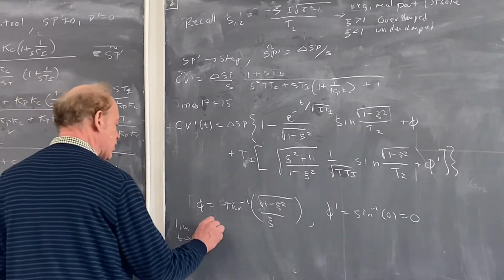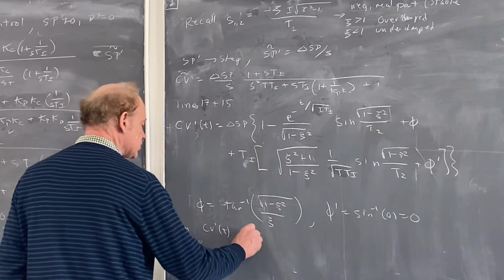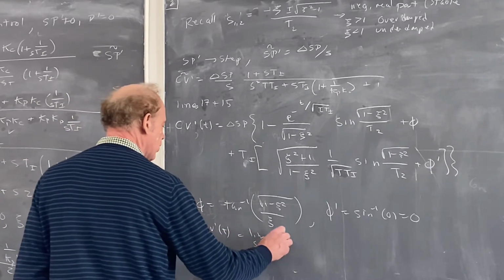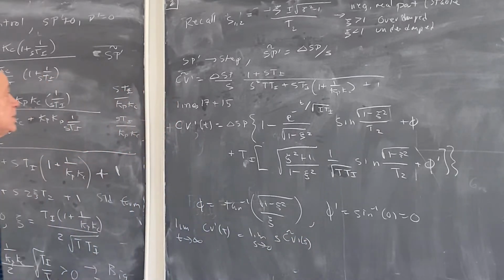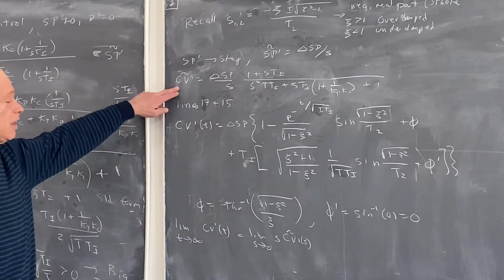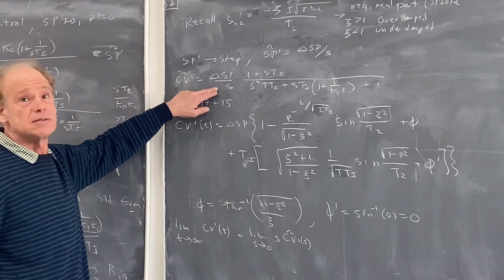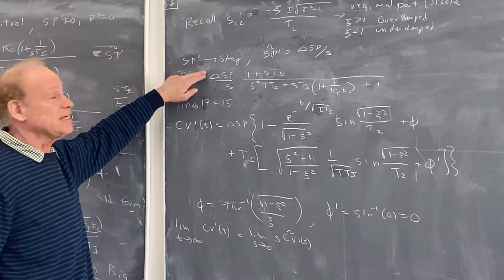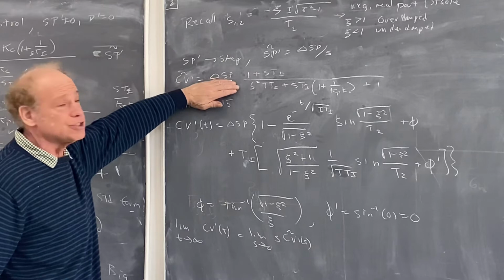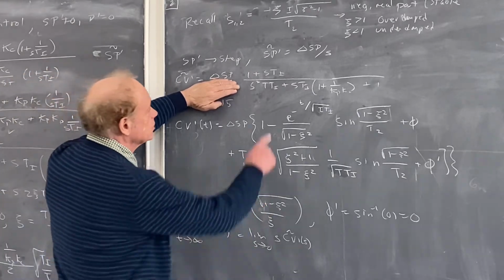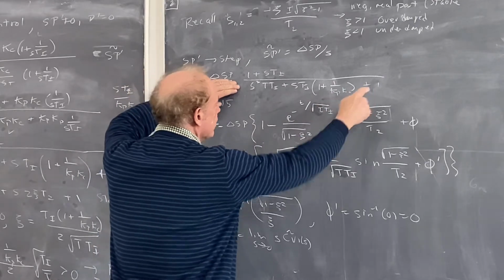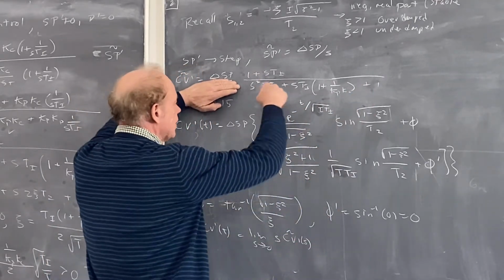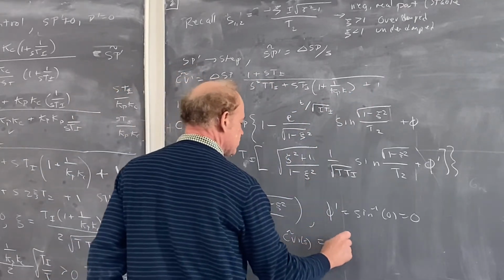We can do it by the final value theorem, the limit as s goes to 0 of s times the transformed variable. If I multiply by s and take the limit as s goes to 0, I get a 1 in the numerator, this is 0, this is 0, and a 1 in the denominator. So this just becomes 1, and I just get delta SP.